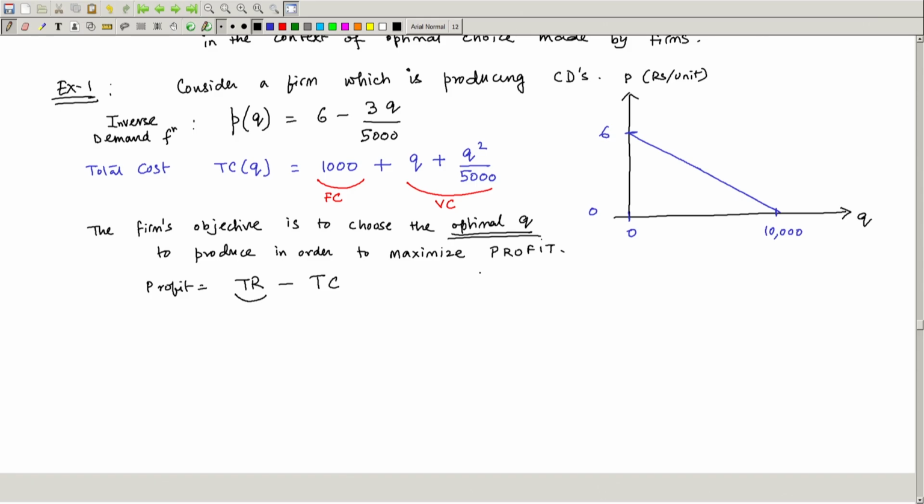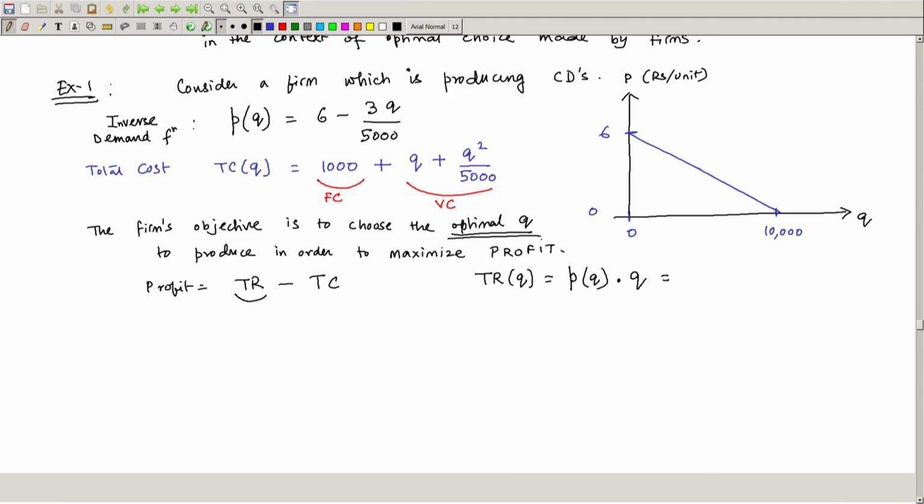Now, let us compute the total revenue. I can write it as a function of Q, because I know what the per unit price is, and if I multiply it by the number of units that I sell, I will get my total revenue. Think of this as the earnings of the firm. It is just that I have it in a functional form.